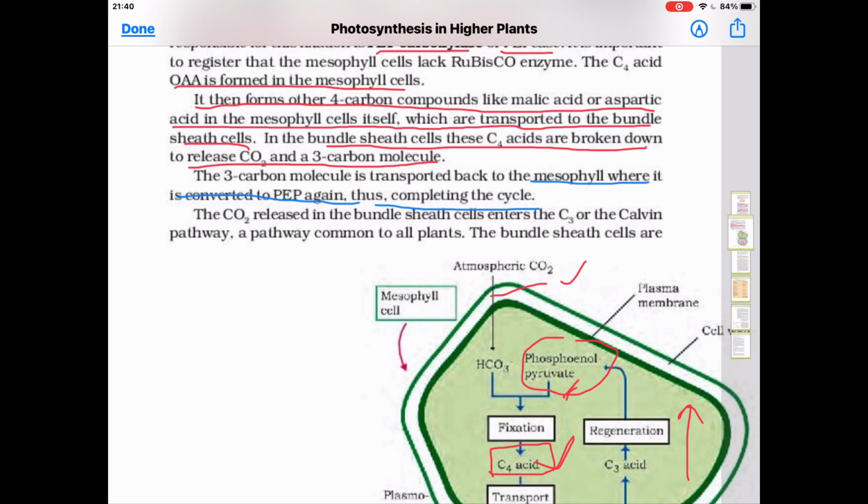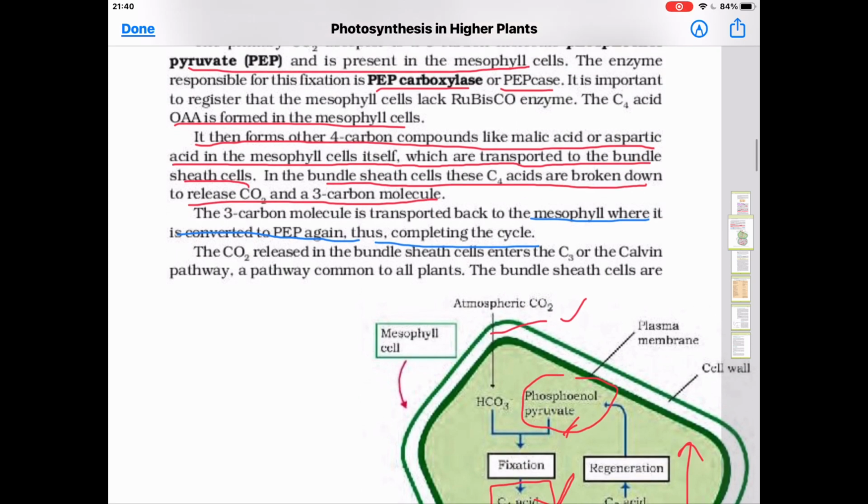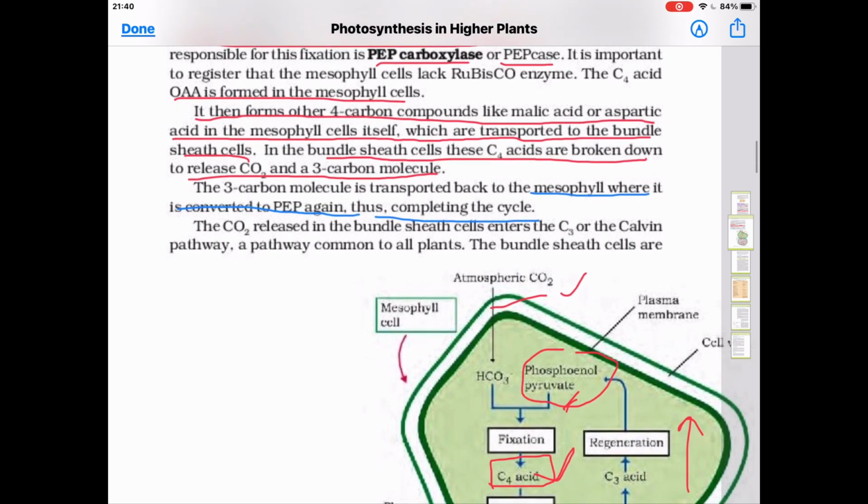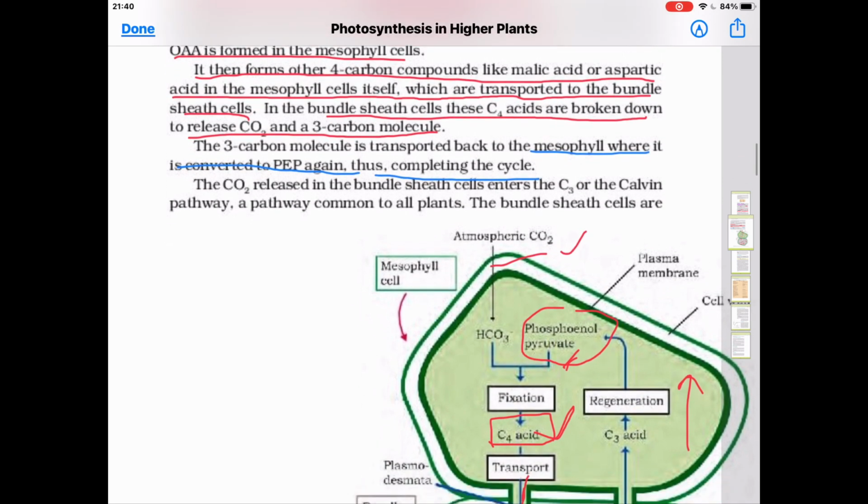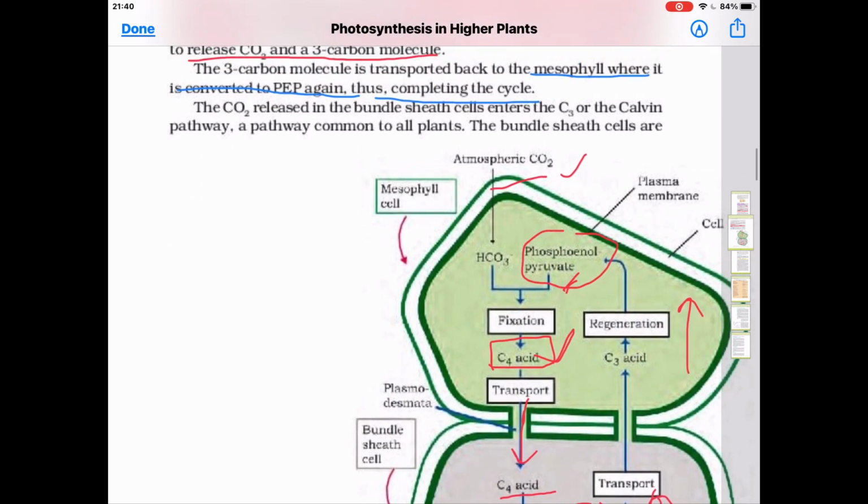The carbon dioxide released in the bundle sheath cells enters the C3 or the Kelvin pathway, a pathway common to all plants. As I have discussed, for the formation of sugar the C3 cycle or Kelvin cycle is required, whether it is a C3 plant or C4 plant, but sugar formation occurs by the C3 pathway only.